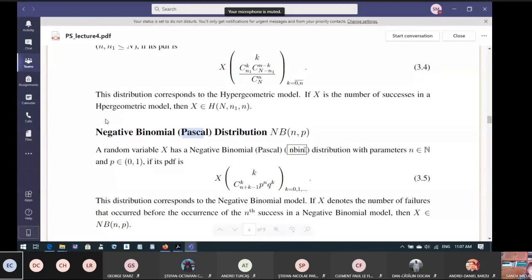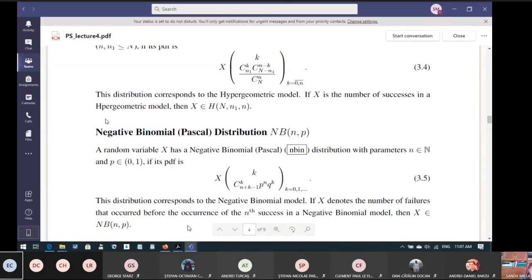MATLAB name nbin, 2 parameters again, an n, which is a natural number, and a p, which is the probability of success, so values in (0, 1). They don't have the same relevance, though, as in the binomial model. Let's remember the negative binomial, the Pascal model.